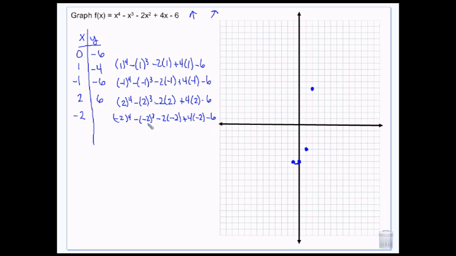So that's 16 plus 8, 24, plus 4 is 28, minus 8 is 20, minus 6 is 14. And I'm going to do negative 3 just to see if I come back down at all. That's not.